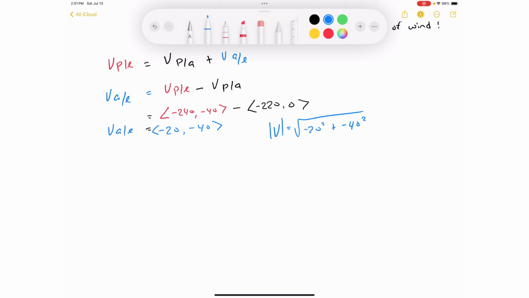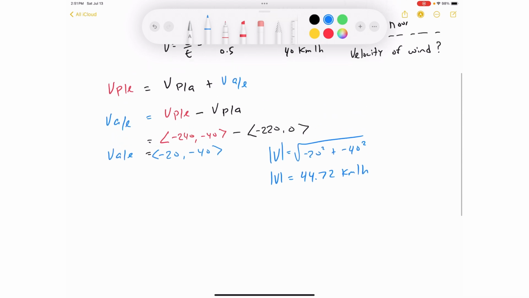Okay, so this is a vector, and the length or magnitude of the vector is 44.72. Everything here is in kilometers and hours, so it's kilometers per hour. That's the actual speed of the air.